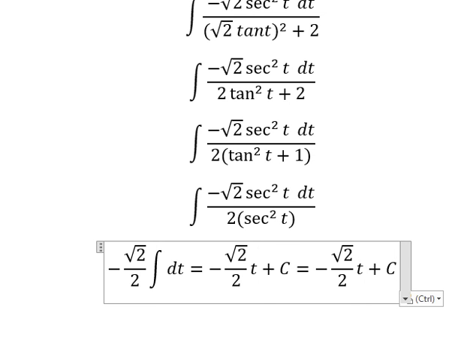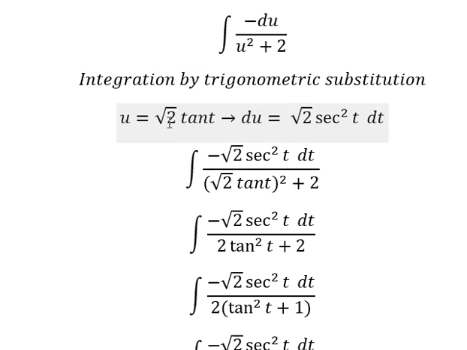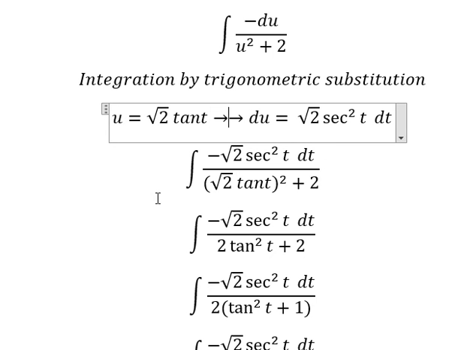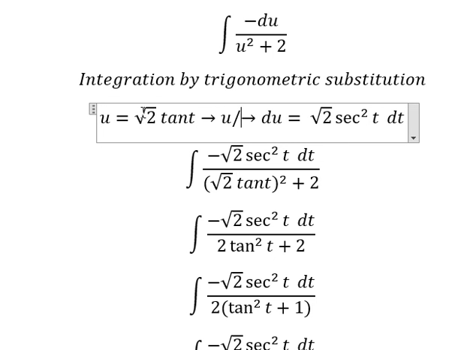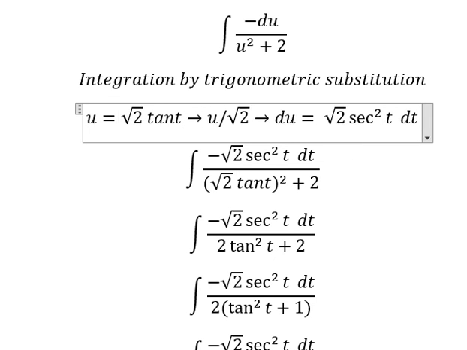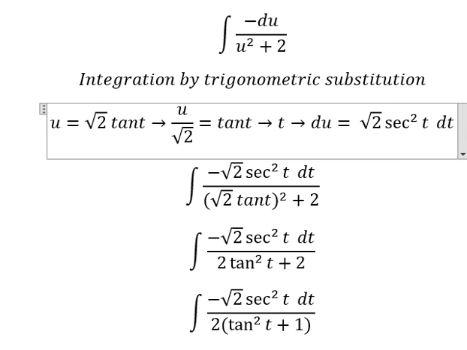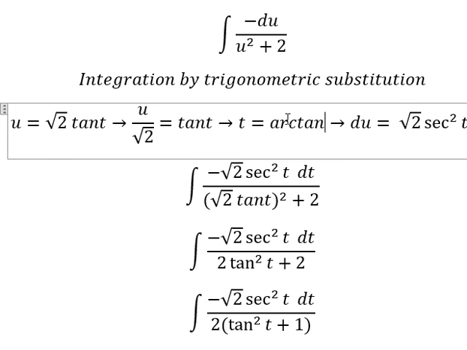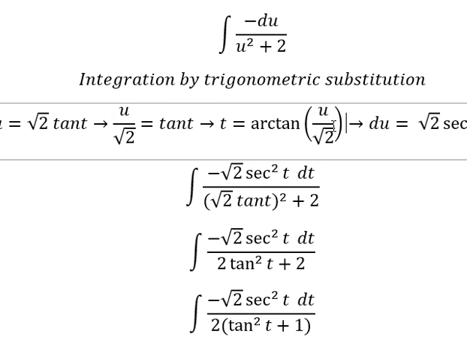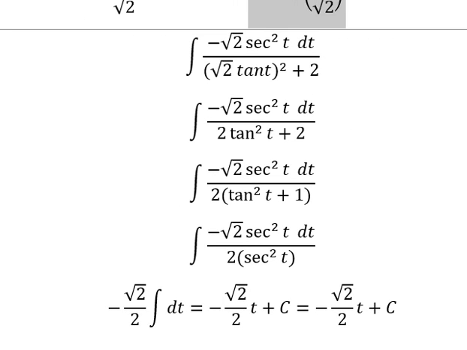About t, that's about this one. So we divide both sides with the square root of number 2. And we got about t equals to tan of this one. So we put this one to replace for t.